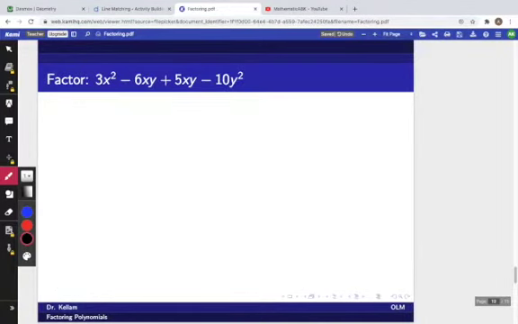And we've already kind of mentioned it when we were talking about how to factor trinomials. Let's say that we have this set up here. I want to factor this.